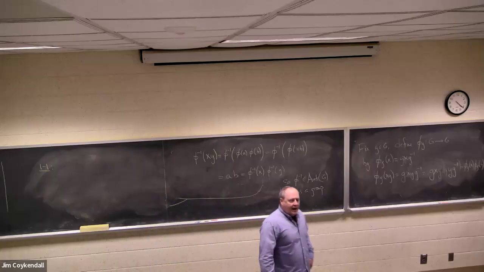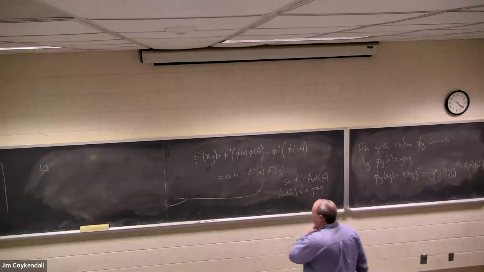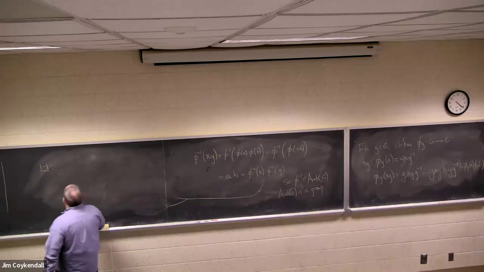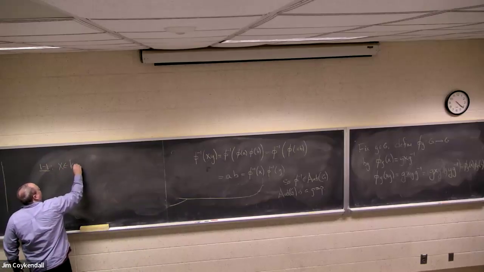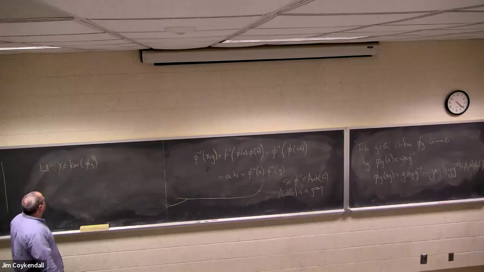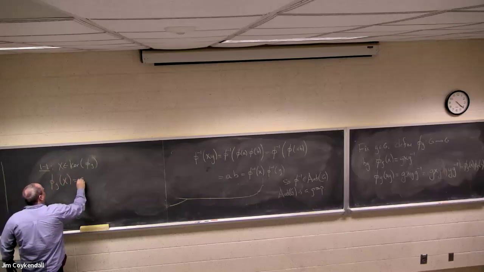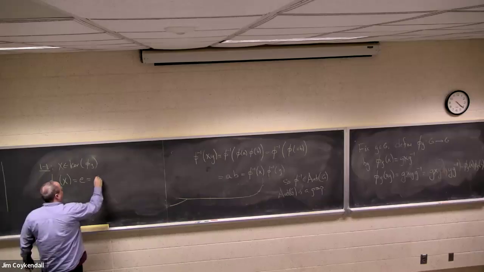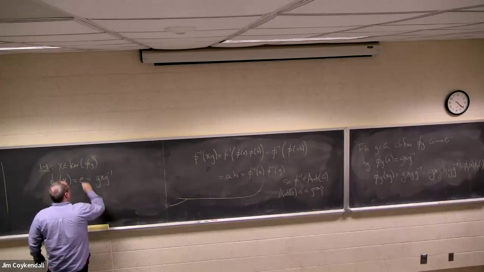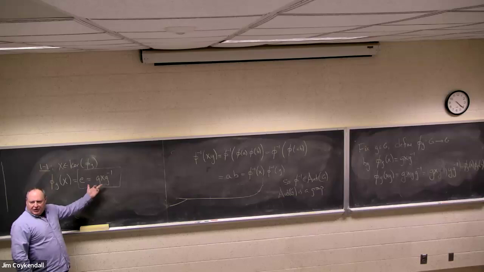For one-to-one, I'm going to do my favorite trick. How can we show something's one-to-one? Show that the kernel consists only of the identity, right? So let x be in the kernel of phi G. What does this mean? This means that phi G of x is the identity. And of course, the rule here is g x g inverse. Now just massage this equation a bit.